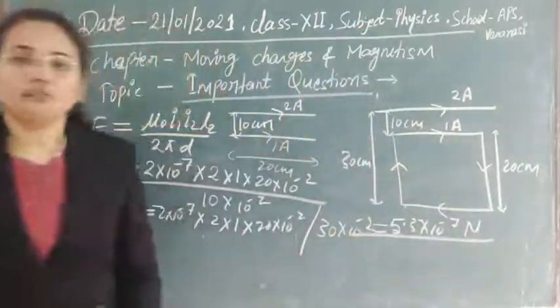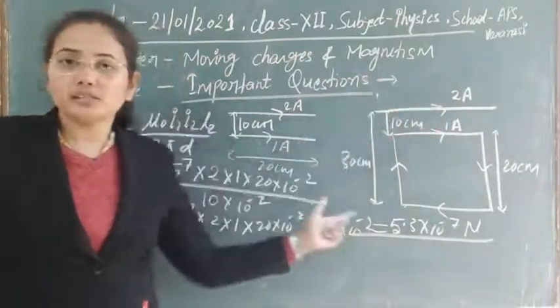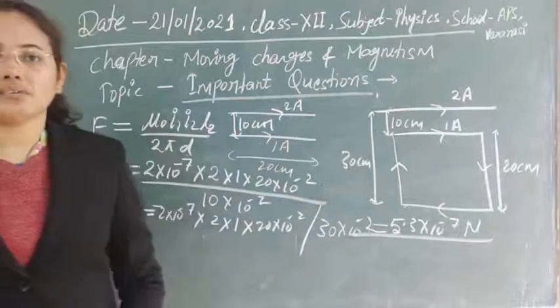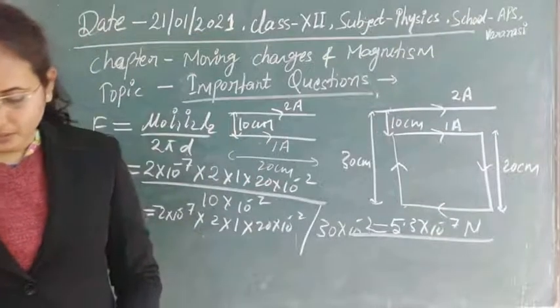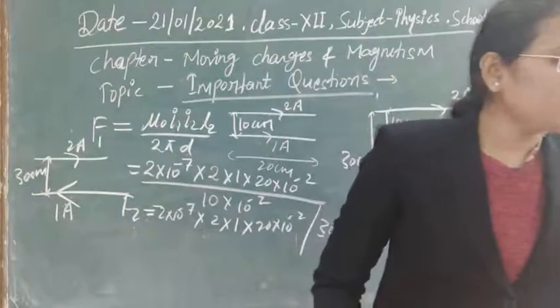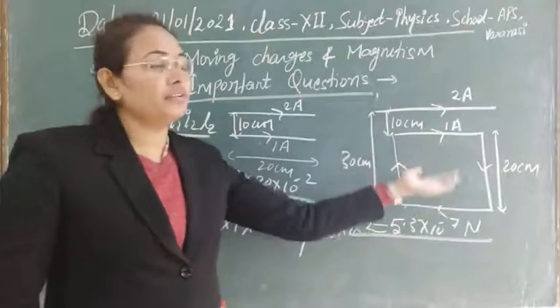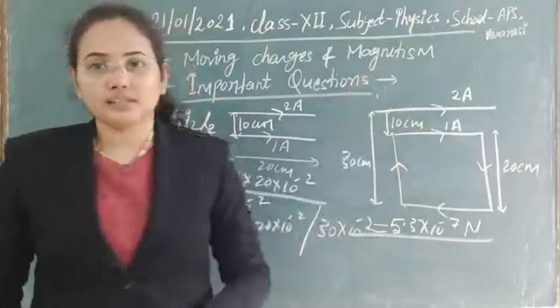This is the value of force on this square loop due to this long current carrying wire. This is the application of the derivations we used before. The direction will be towards the infinitely long straight conducting wire, because the direction of force here will be in the outward direction.